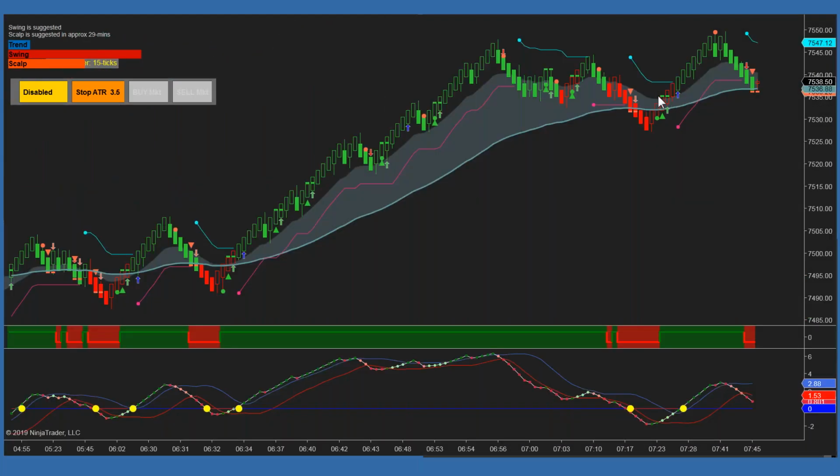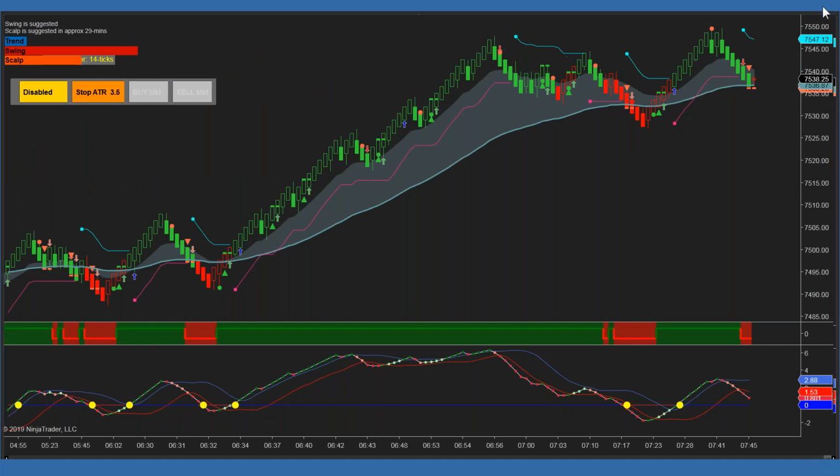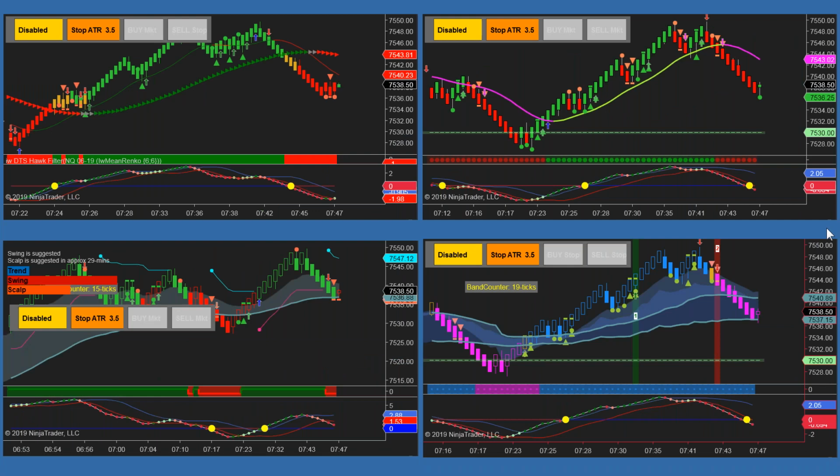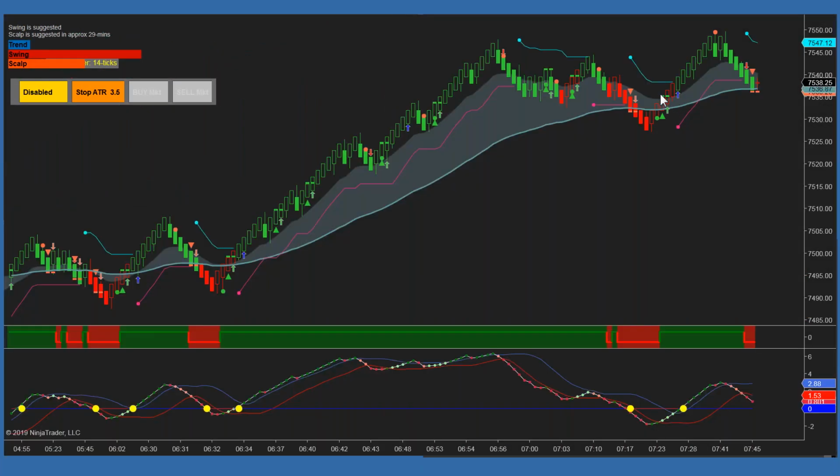Like this little red bar buy signal that I was watching on the Eagle, I should have been watching on the Falcon or the Raptor, or even the Hawk for that matter, because each of those signals all got profitable. Actually, my Eagle signal got profitable as well, but it didn't look as desirable, even though it did work out very nicely.